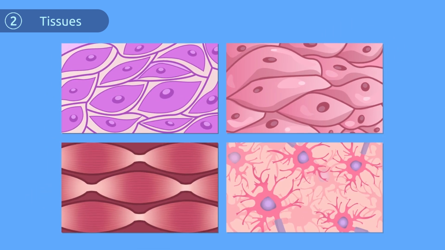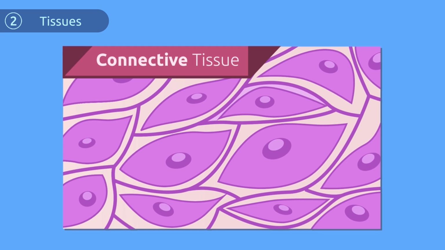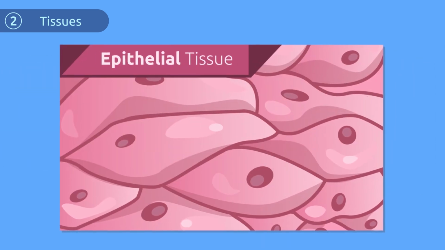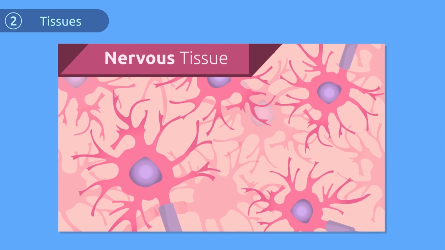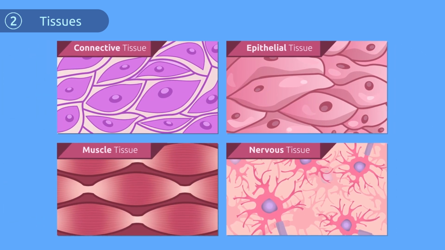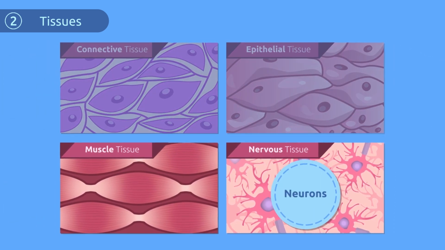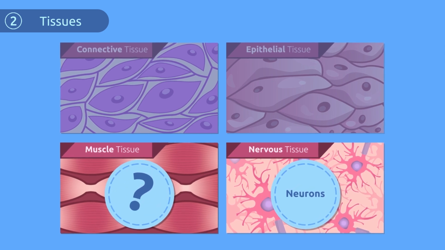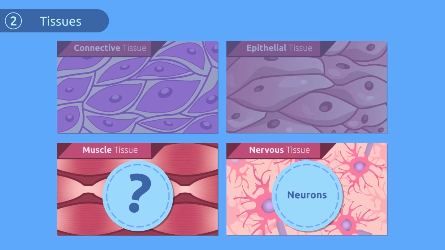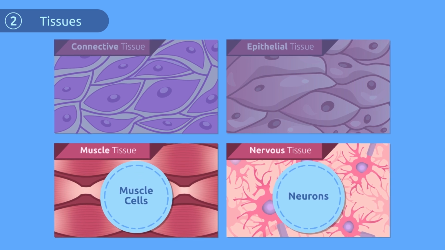There are 4 tissue types in our body: connective tissue, epithelial tissue, muscle tissue, and nervous tissue. The nerve tissue cells are called neurons. Can you guess what muscle tissue cells are called? Very good! They are called muscle cells.